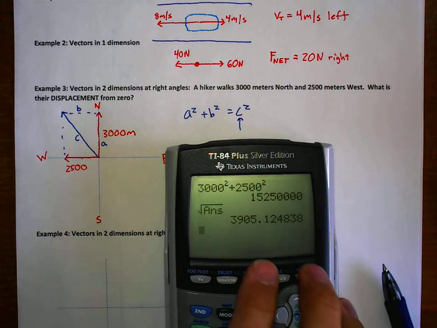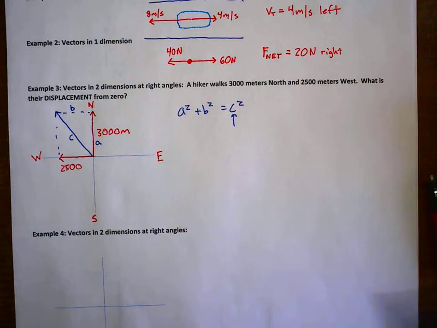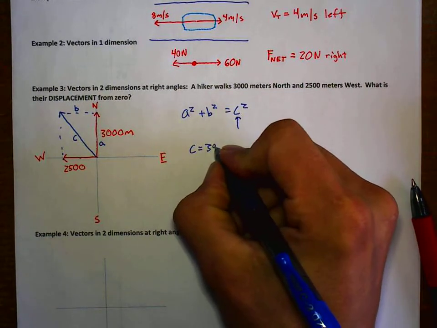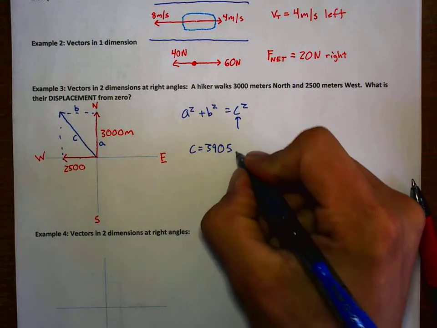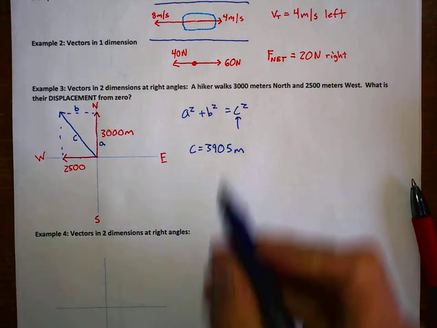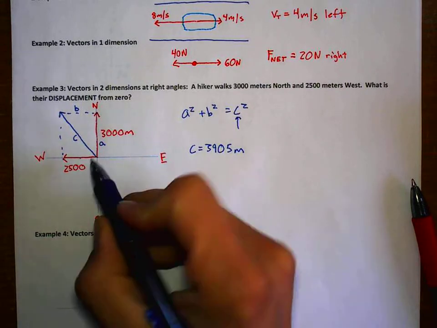So I get 3905. So C equals 3905 meters. Now what that represents is how many meters they are from the start.